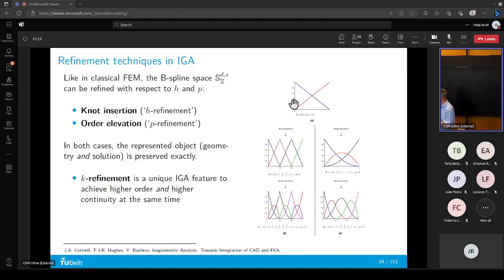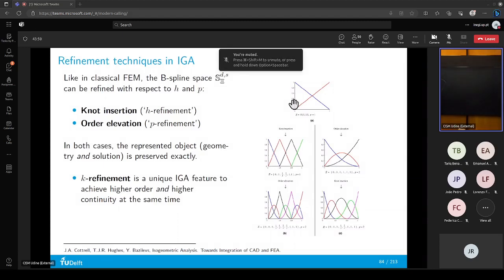I'm not going into more detail at the moment. What I can do is refine and stay at the maximum order that I can get, the P-1 order. That's a feature I can't do in FEM because I can't control the C continuity.